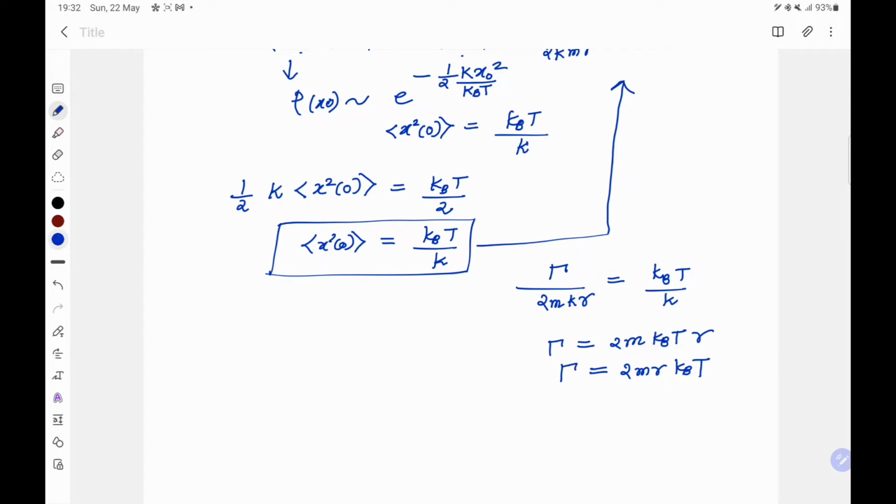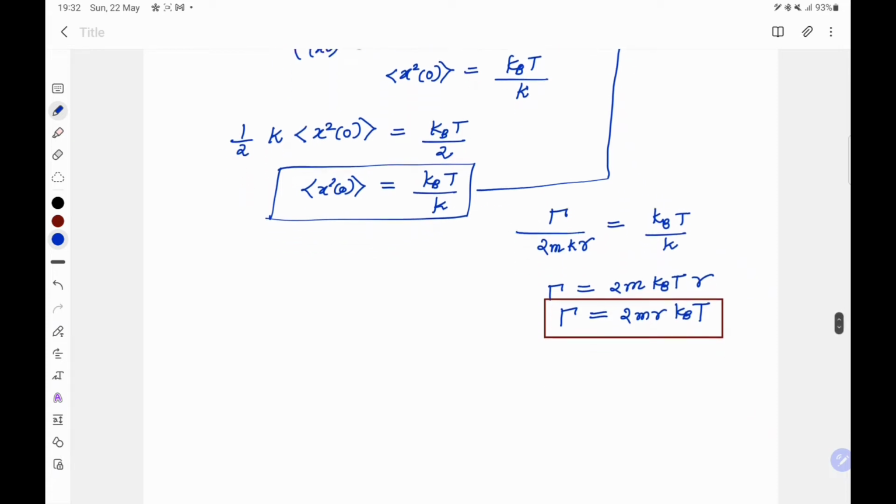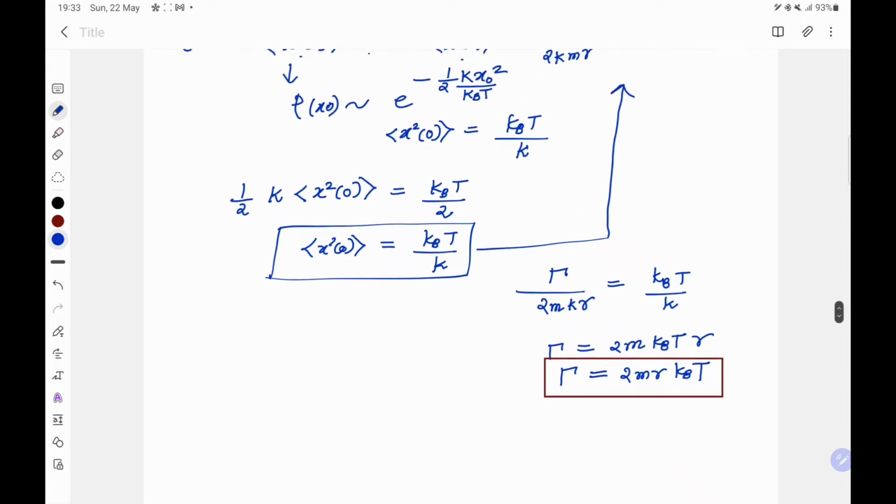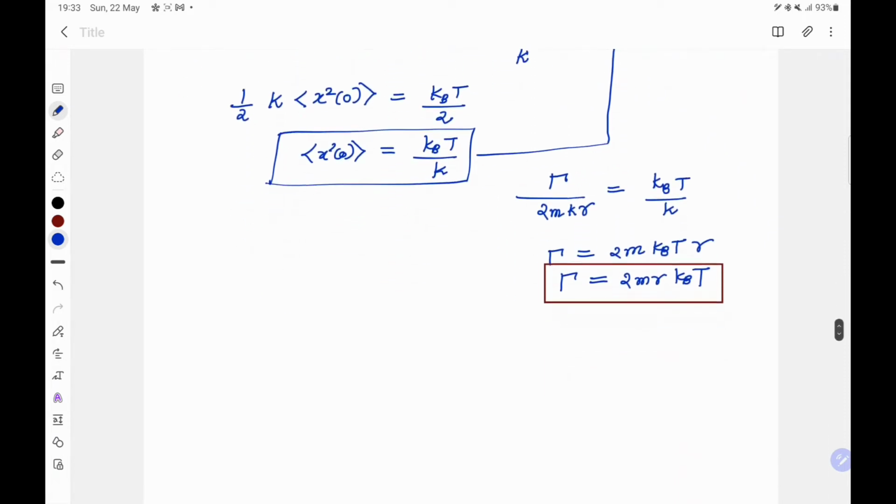So this relation you have actually seen before in the case of a particle which is moving freely in the bath of molecules or fluids. Okay, so you see that this form of the fluctuation dissipation doesn't change due to the appearance of the harmonic potential.